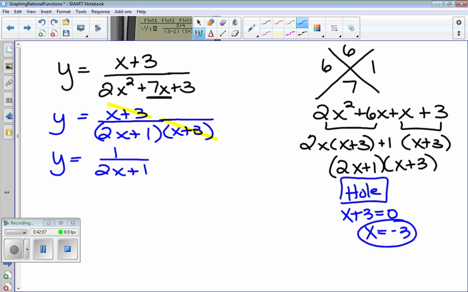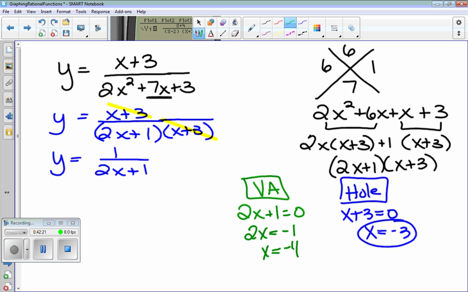Vertical, okay. So vertical asymptotes happen where the denominator equals 0. What's that? Negative 0.5. Can you have a fraction? Sure.